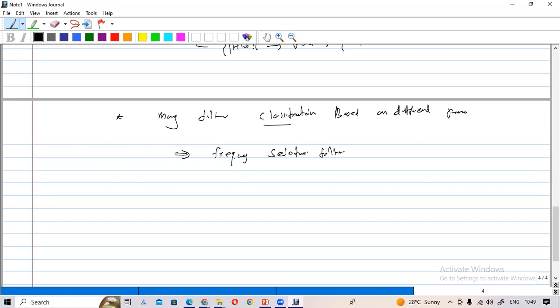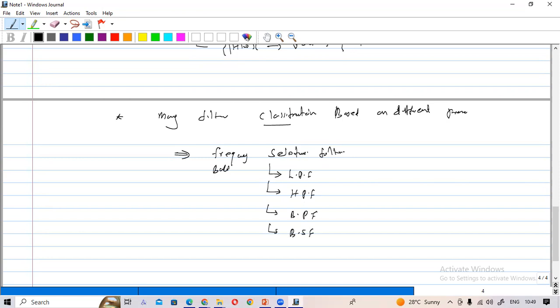In a frequency selective filter, there is a specific band in which the filter operates. Based on this band, we can classify a filter into mainly four types: low pass filter, high pass filter, band pass filter, and band stop filter.